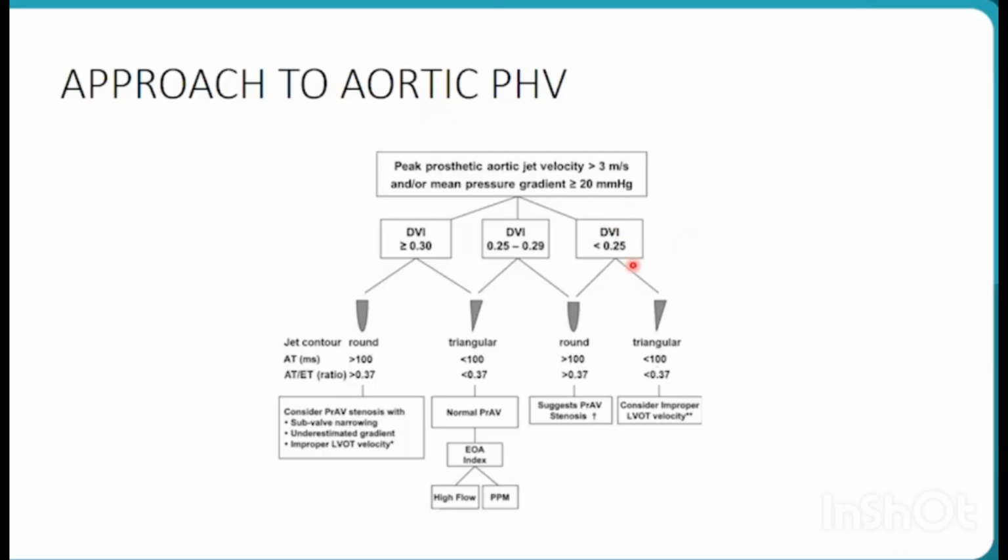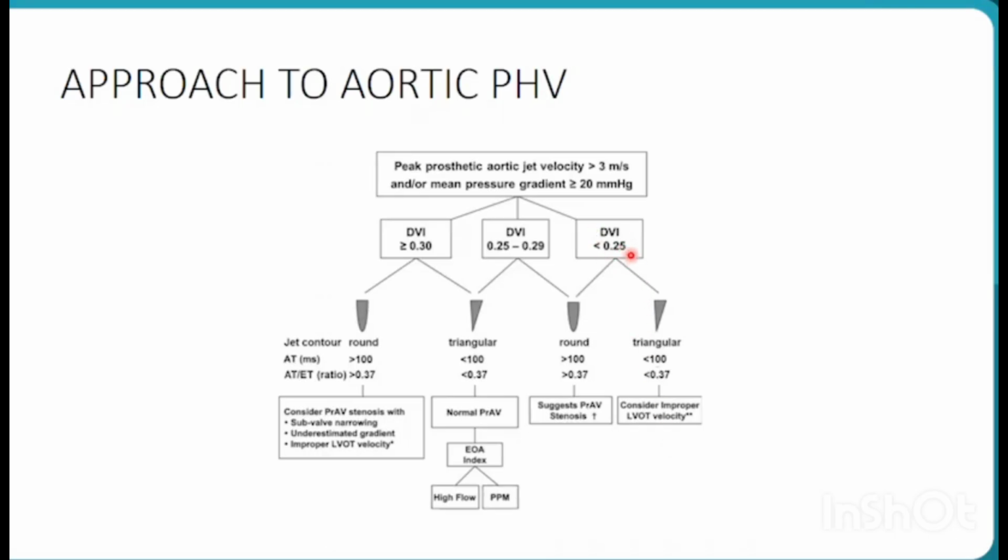If the DVI is less than 0.25 and the contour is rounded, that means the acceleration time and the acceleration time to ejection time are both more than 100 and more than 0.37, the pre-specified limits, then it is very clear that the patient has prosthetic heart valve stenosis. But with a DVI of less than 0.25, if the contour is triangular instead of rounded, then we have made some error in assessing the LVOT VTI or the LVOT velocity.